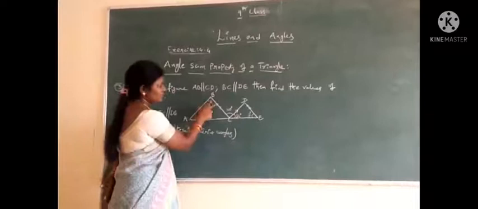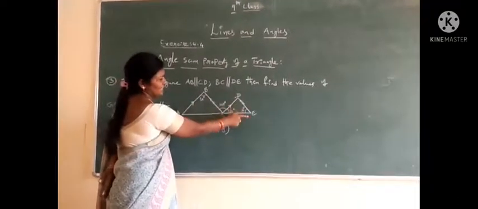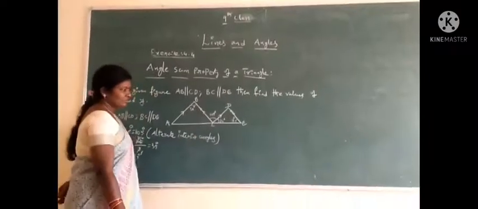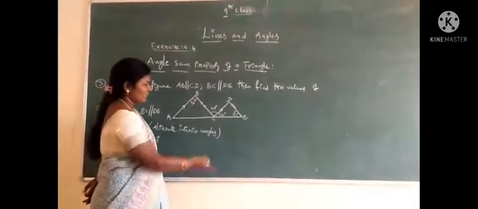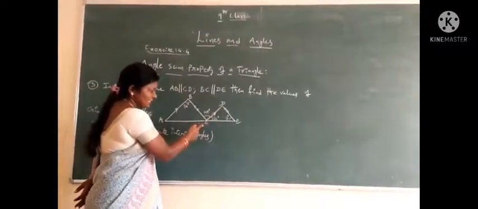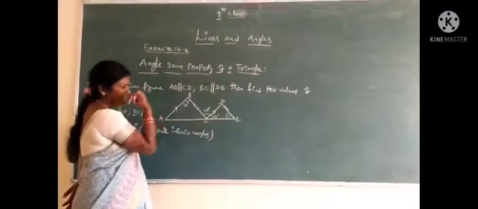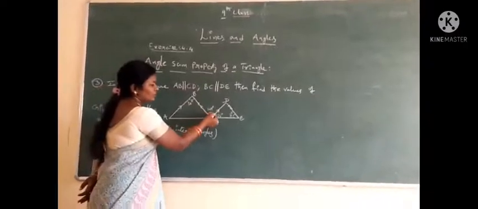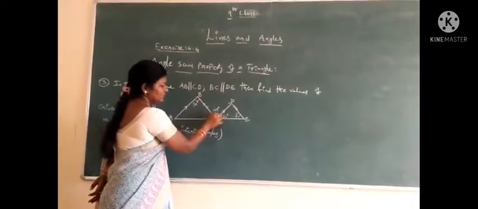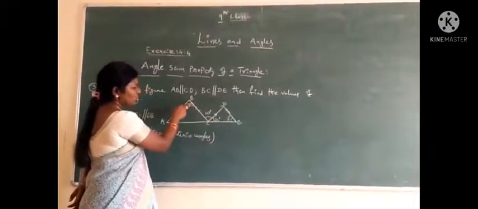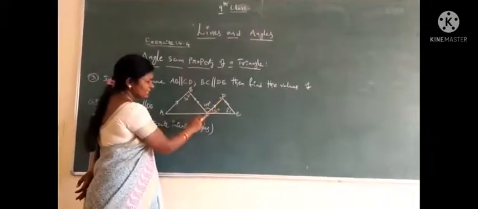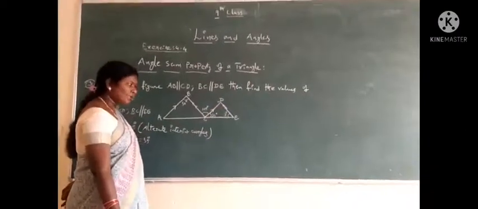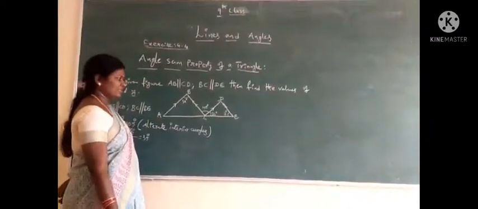Observe BC and DE. These two lines are parallel lines. CD is the transversal. So angle BCD and angle CDE are alternate interior angles.